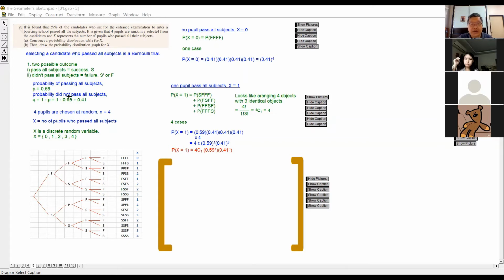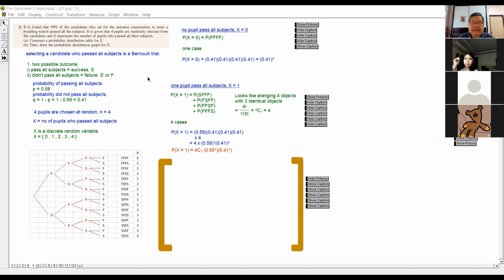How do I know? 4 pupils are randomly selected from the candidates. So in this case, n equals 4 because it is repeated 4 times. The probability P is 0.59. 59% changed to probability is 0.59.